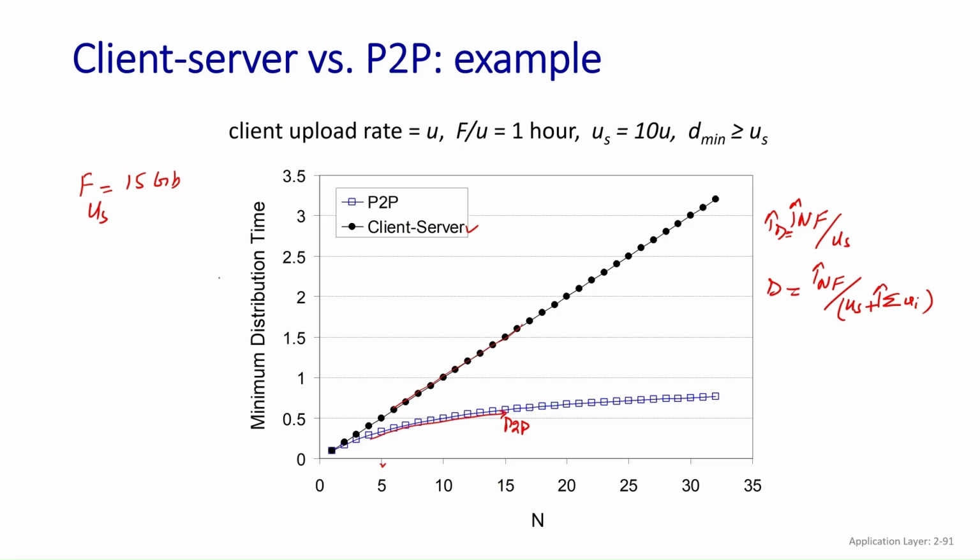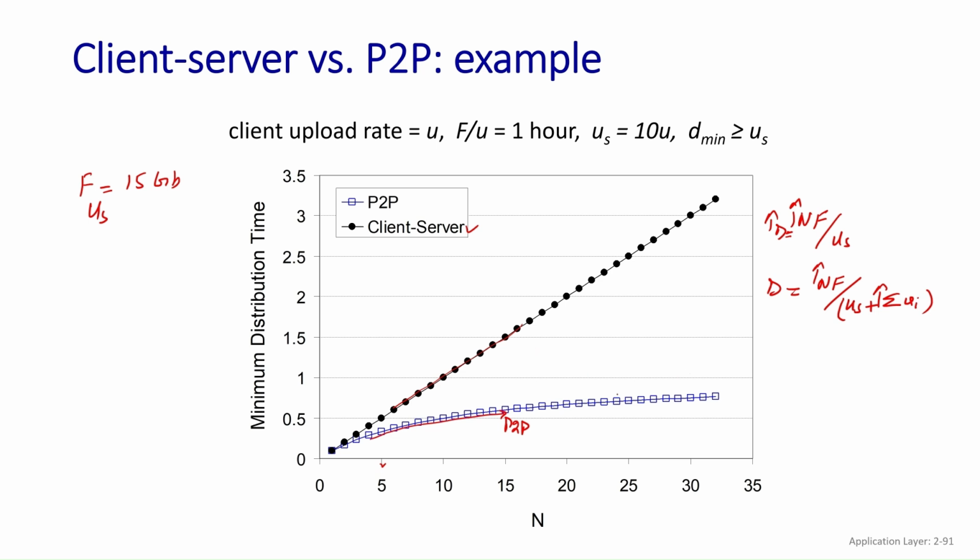I also want you to answer one more question. When you draw the graph, it will be something similar to this, and you can clearly see that the client-server environment is not scalable.